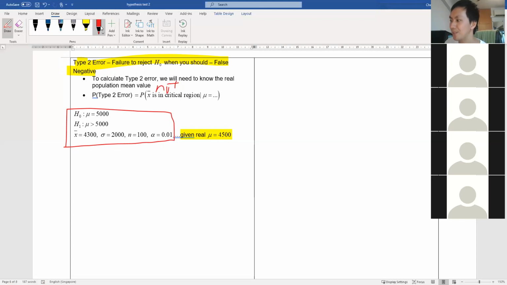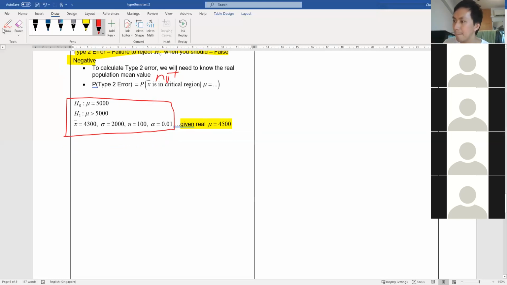Can someone give me the p-value first? 0.9997. What if I turn it to a left tail test?